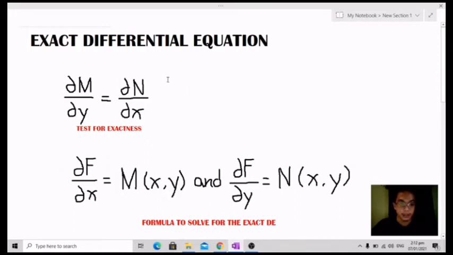So we're going to use this formula if we want to test if the DE is exact and if both terms are equal to each other. So it means the DE is exact.